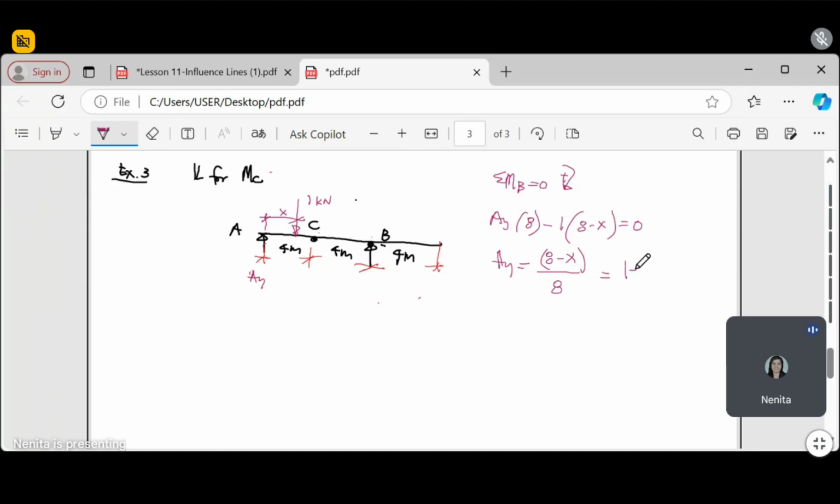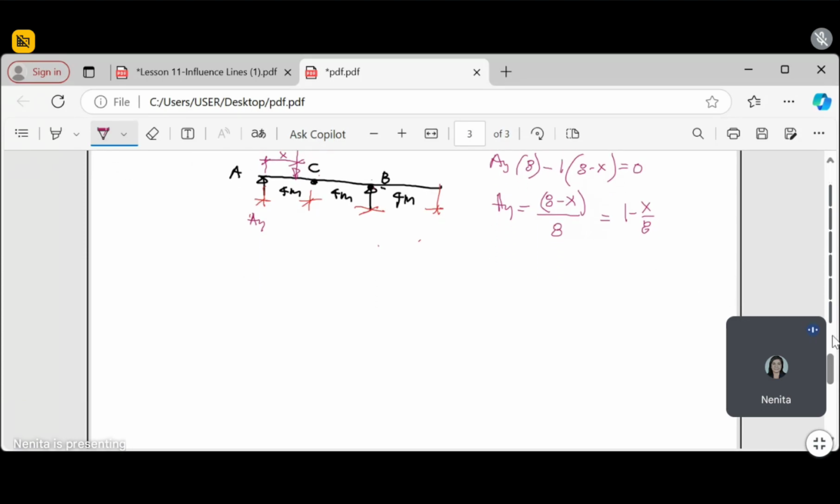So therefore, it is 1 minus x over 8. What we want now is moment, so we are going to solve for moment. To solve for moment, it is at point C that we want, right?